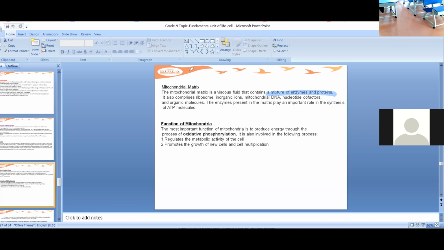I'm highlighting the important points, children. It also comprises ribosomes, inorganic ions, mitochondrial DNA, nucleotide cofactors, and organic molecules.